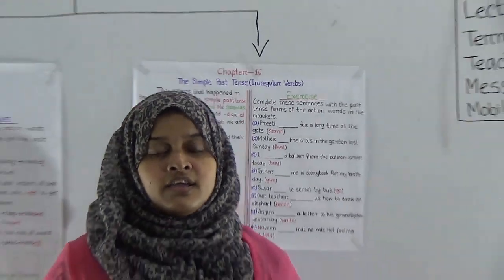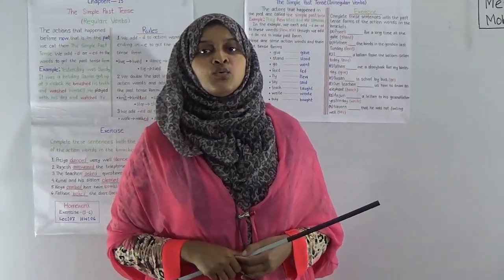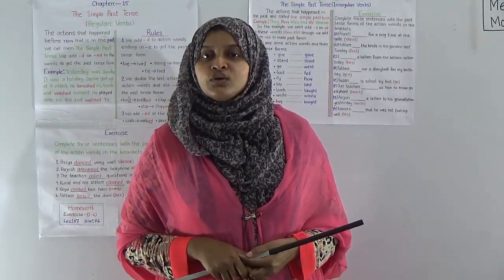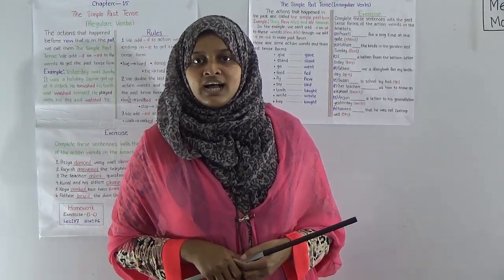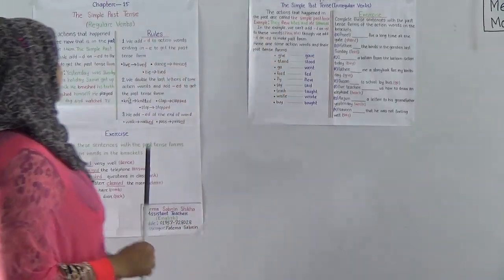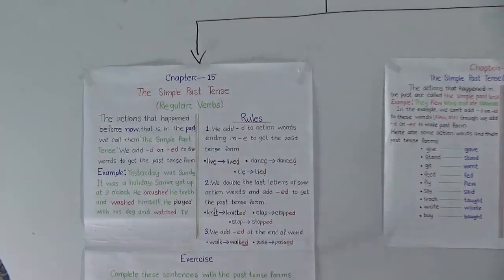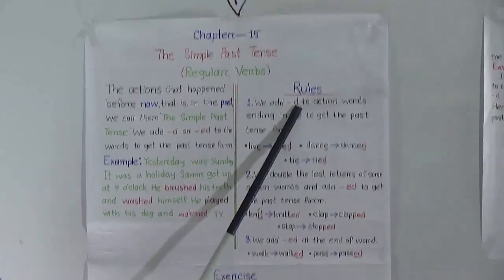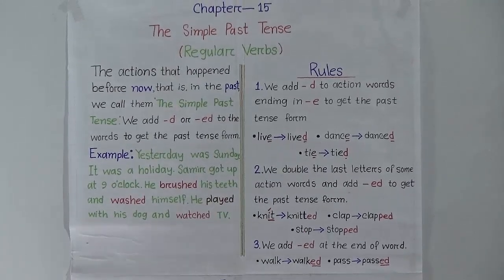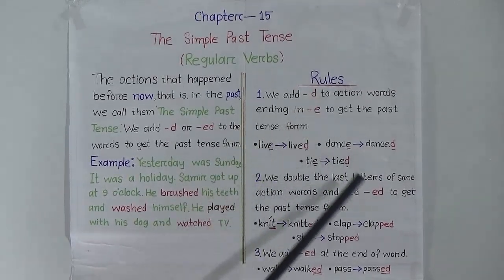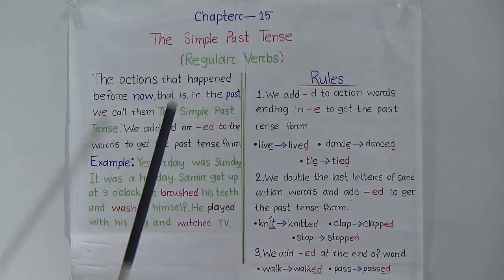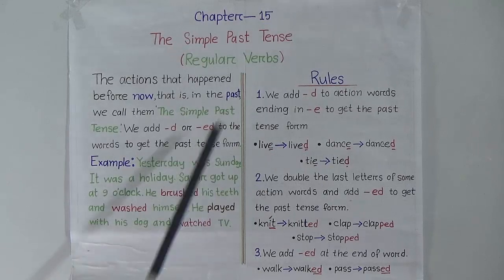Students, here you can ask me, Miss, why can't we add d or ed to make the past form? Your question is correct. Now I am going to clear your concept. In your earlier class, we said that when we add d or ed, it will be past tense. But keep in mind that when we add d or ed at the end of the word to make it past tense, it is a regular verb.